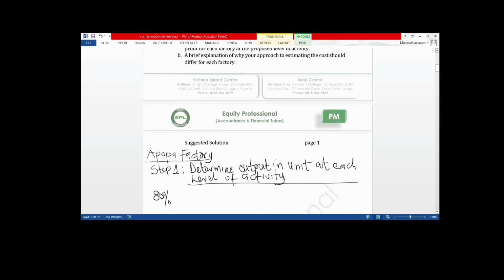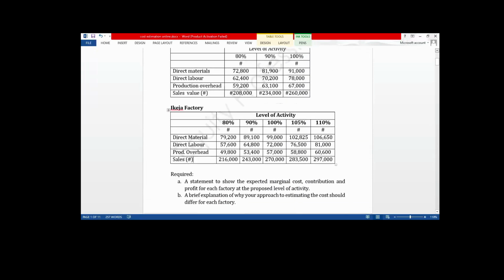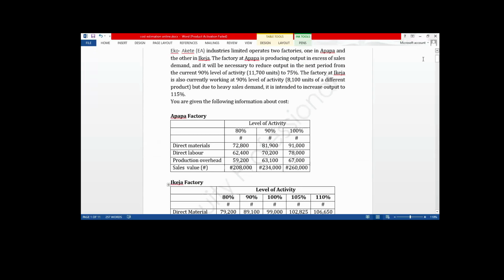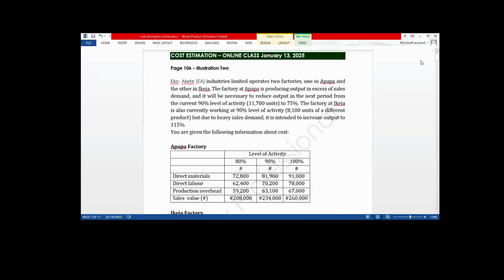Now the question says at Apapa factory, the current 90% level of activity in brackets is 11,700 units.